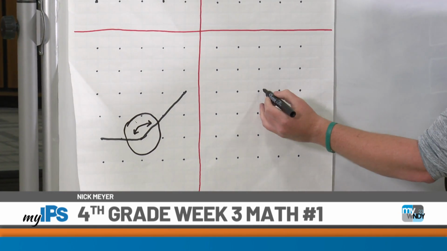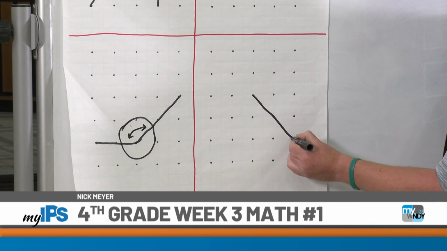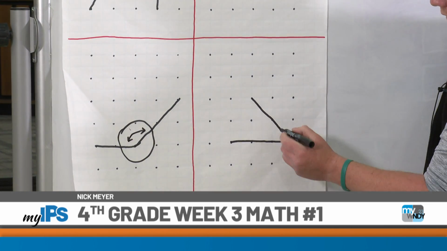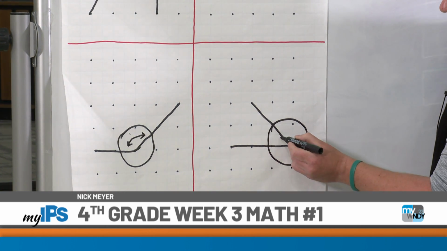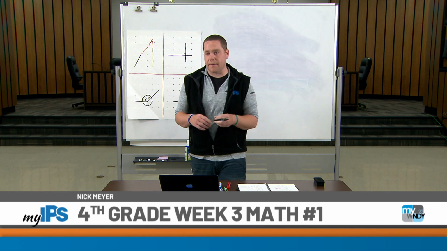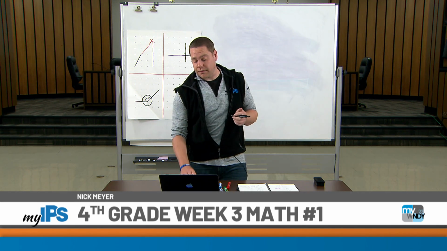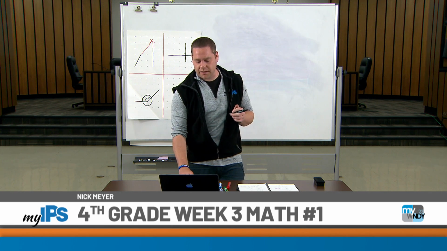And then an acute angle is less than 90 degrees or less than 1/4 of the circle. So you're going to give an example of two for every problem A through E.